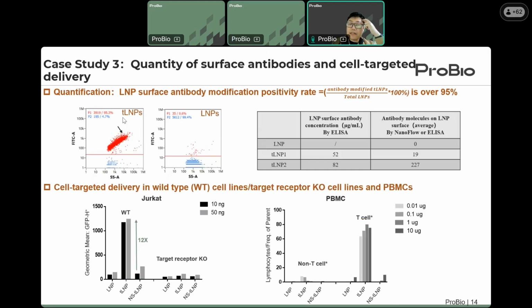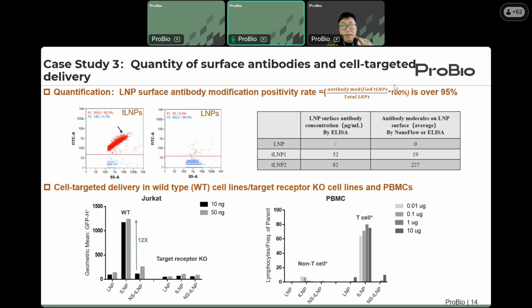For the number density of the tLNP, NTA and DLS cannot distinguish tLNP from LNP. You have to link a fluorescent antibody to it. So if you just want to calculate the number density of the tLNP, we suggest you use nanoflow.